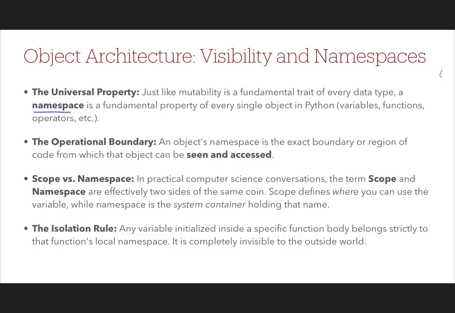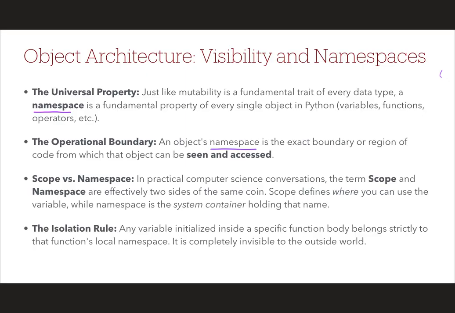So an object name, when I say a namespace, it is the boundary or the region. So it is the exact boundary or region of code from which that object can be seen and accessed. So if I define a variable, then there will be the corresponding namespace.